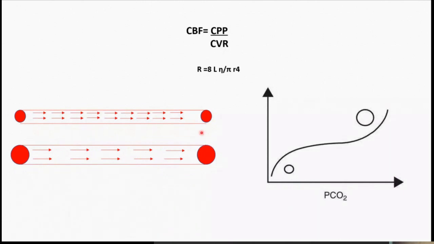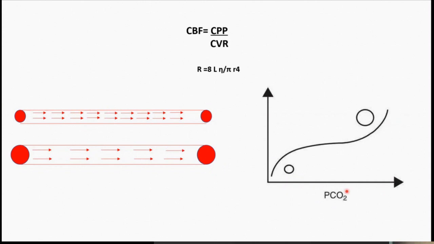Okay, so what is making this difference? What is the main chemical transmitter gas that will make this change in the wall of the blood vessels or the diameter of the blood vessels? This is the PCO2.